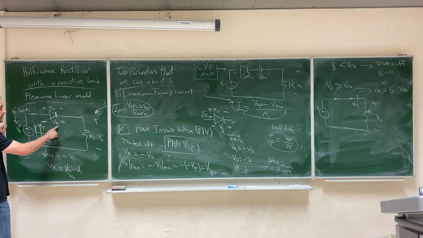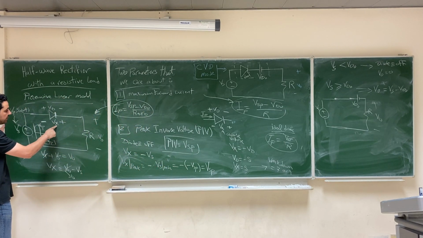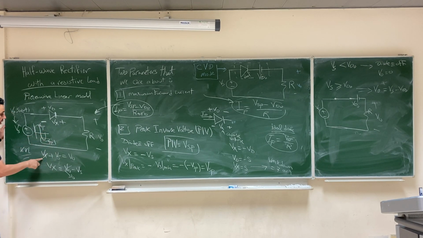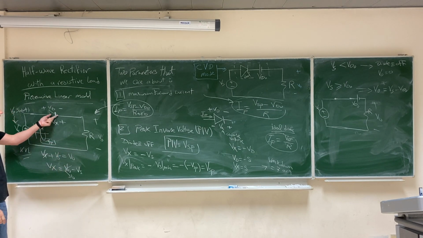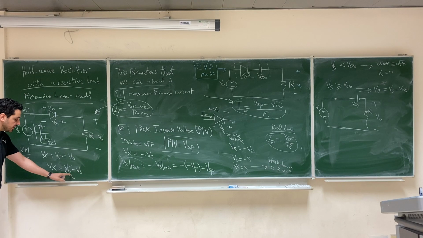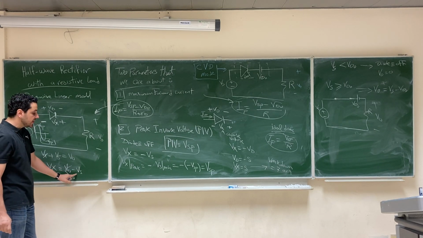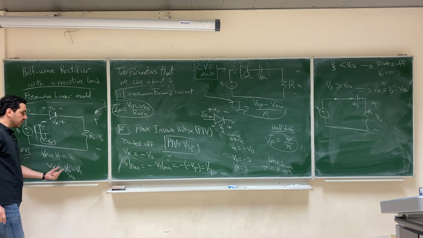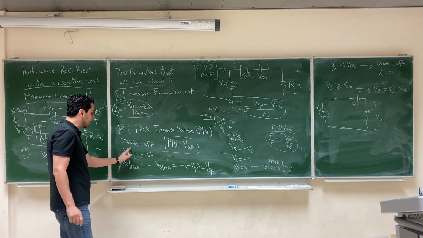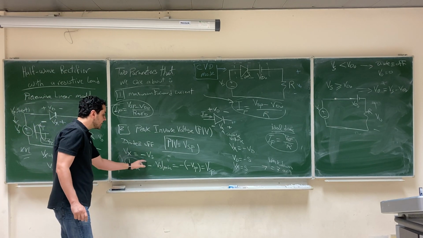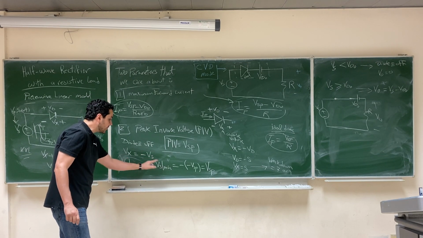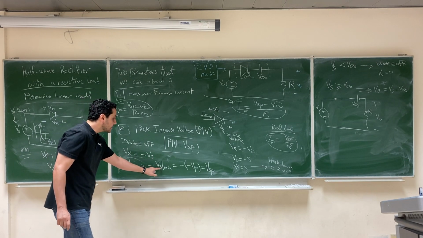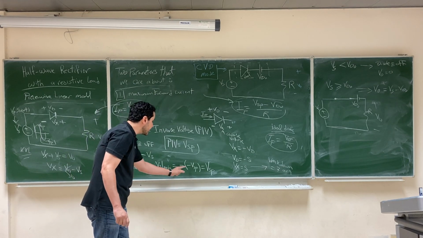And this is how to calculate it. First, put the inverse voltage on your circuit. This is the inverse voltage of the diode. Assume that the diode is off. Write an equation for Vx in terms of V input and V output. Since the diode is off, V output will be 0, so Vx will be negative Vs. Ask yourself, what is the peak value of Vx? The maximum happens when Vs is the minimum, because this is a negative sign. And when Vs is minimum, its value is negative Vsp.